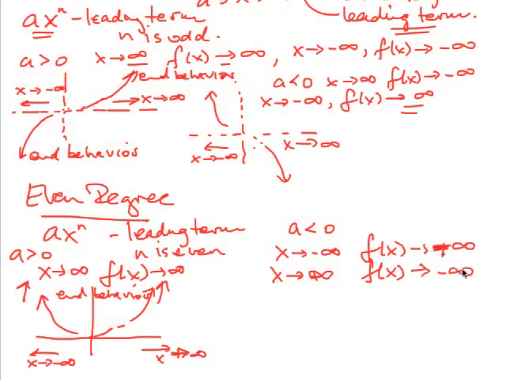And this should also be negative infinity because, watch it carefully, x is going towards negative infinity, so we have a very large negative number to an even power, which will be positive. Multiplied by this negative number it will be negative. When we come here to positive infinity, to an even power is still positive, multiplied by this negative will give me a negative.